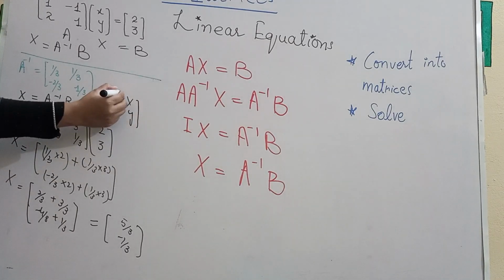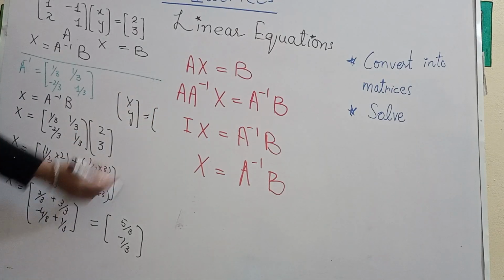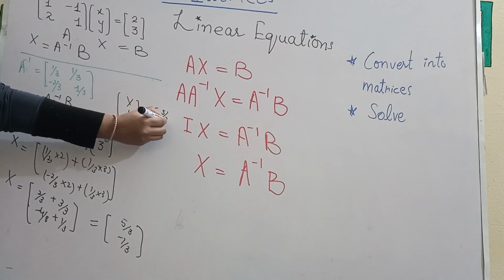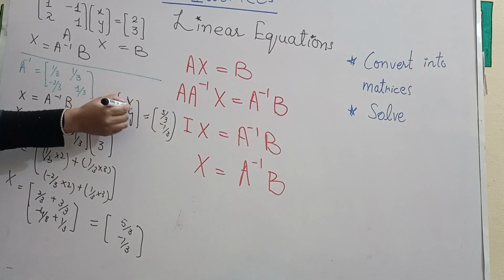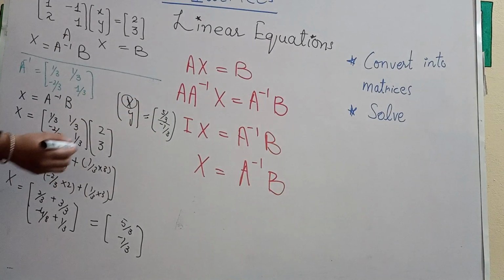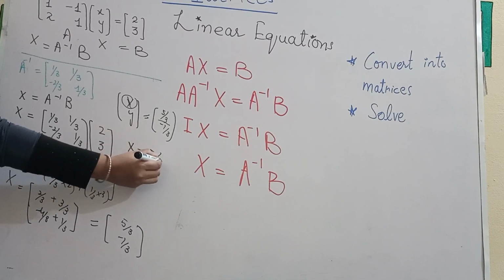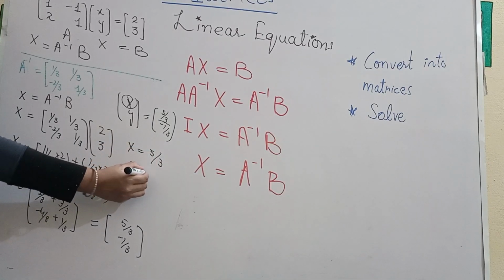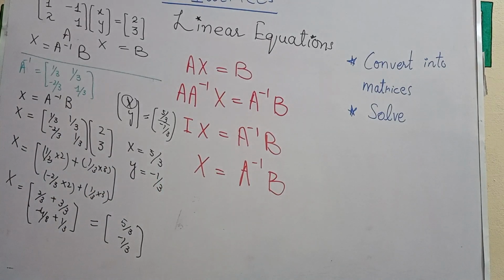So we are going to replace it with its matrix, and we have the solution numbers 5 by 3 and minus 1 by 3. This means x has a value of 5 by 3 and y has a value of minus 1 by 3. So x equals 5 by 3 and y equals minus 1 by 3. So in this way we have calculated the values of the variables.